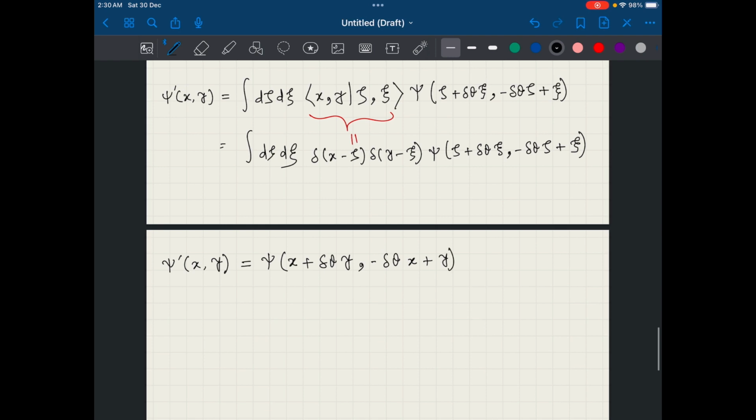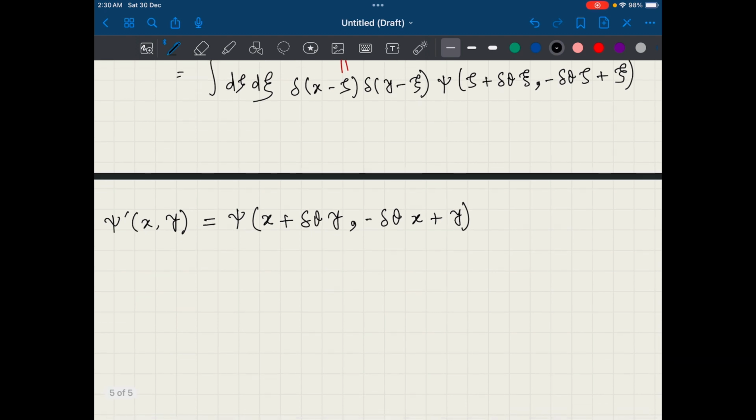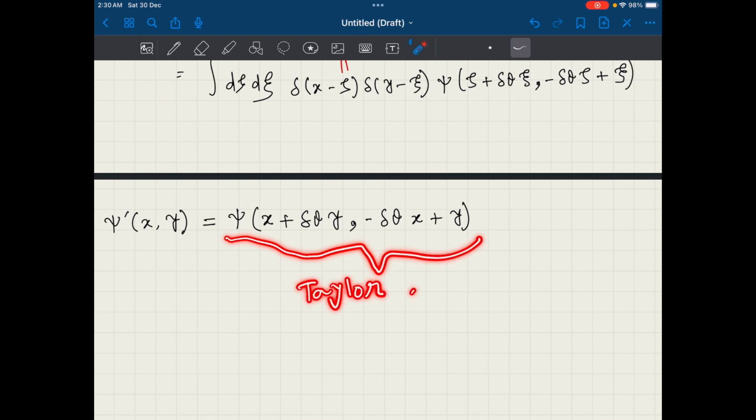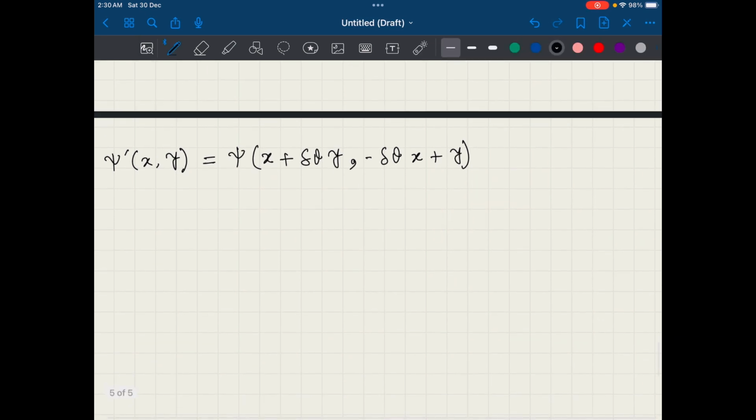Now we Taylor expand this psi around x y.